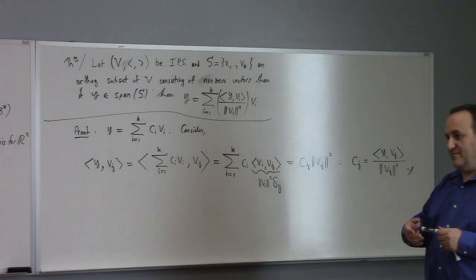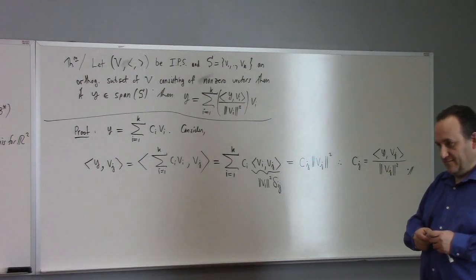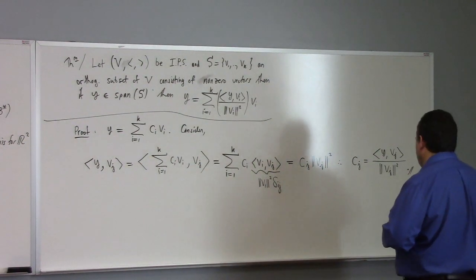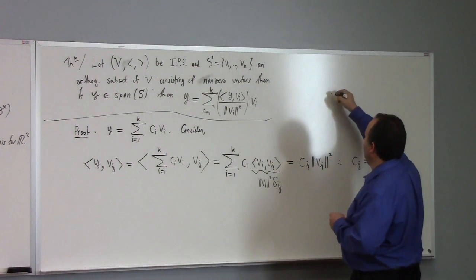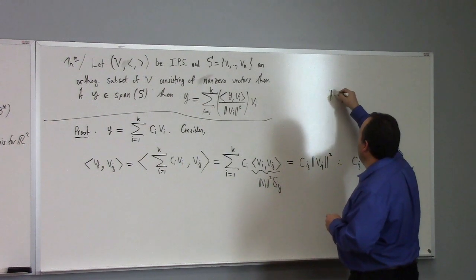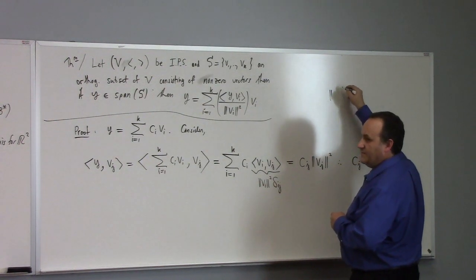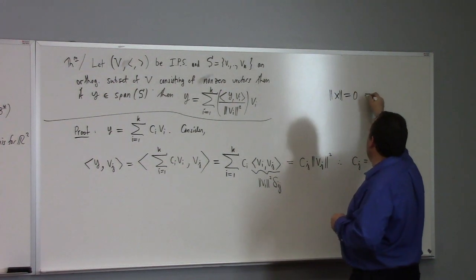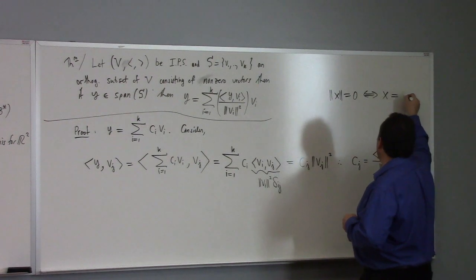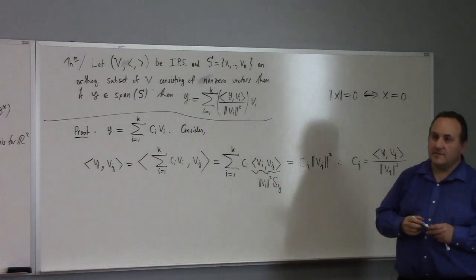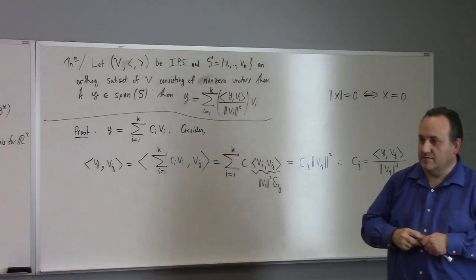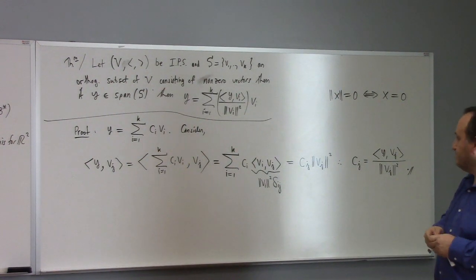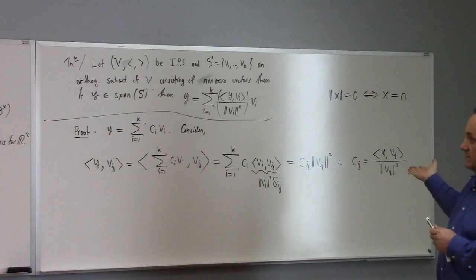You're right, but isn't one of the axioms that for a non-zero vector the norm is positive? For us it was a theorem, but yes, the norm of x equals 0 if and only if x equals 0. This was a derived consequence for the induced norm for us. But there you go, that's the theorem.